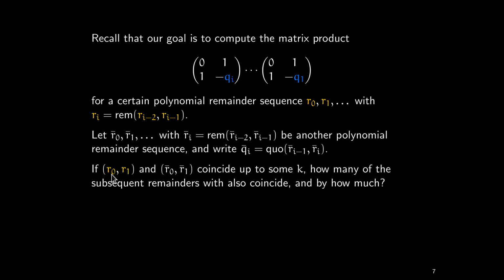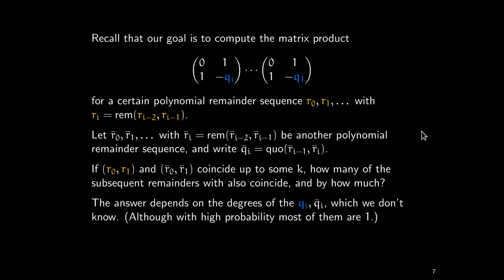So we will ask what happens if the first pair agrees up to a certain k, then how far can I go into the Euclidean algorithm and be sure that all the pairs up to a certain point, and which point, that's the question, will coincide, and by how much will they coincide.